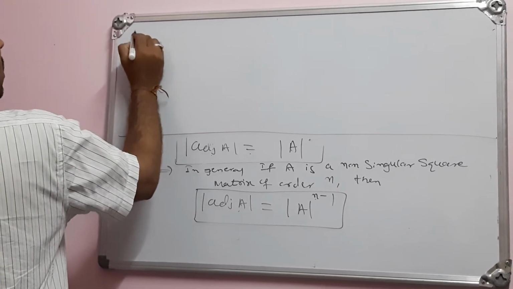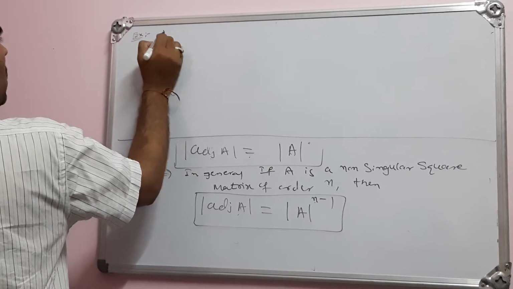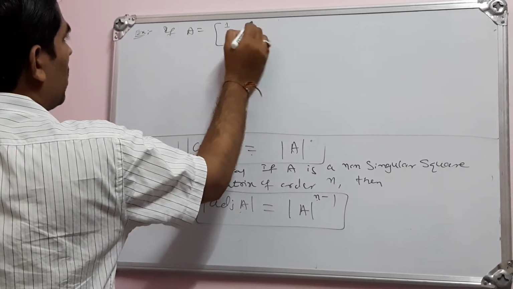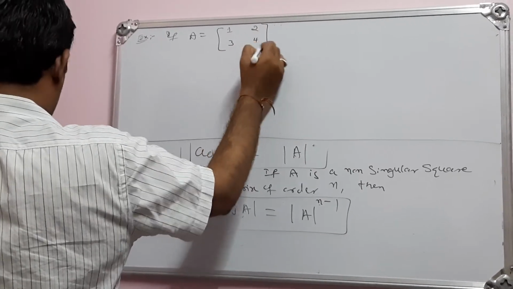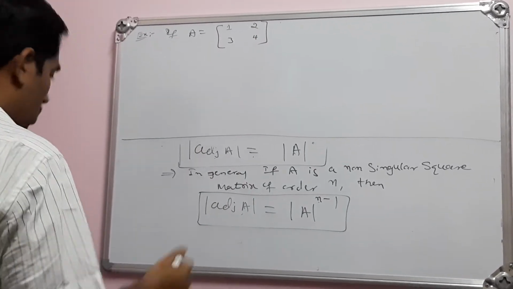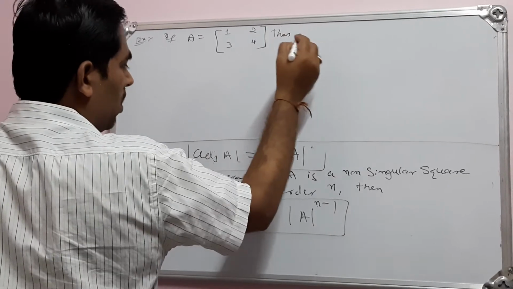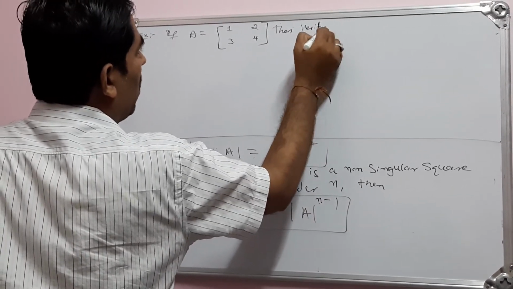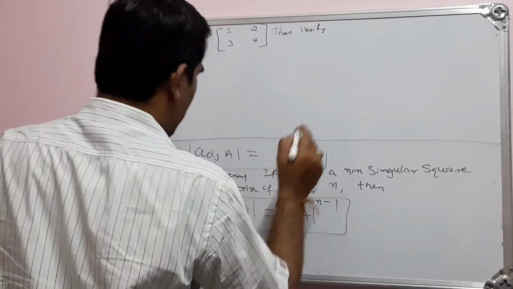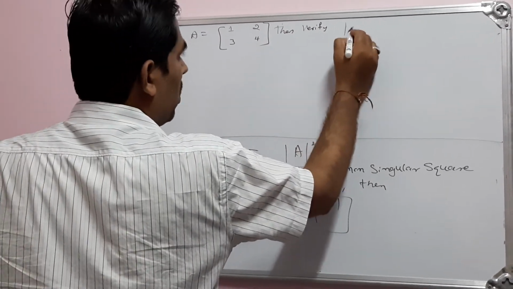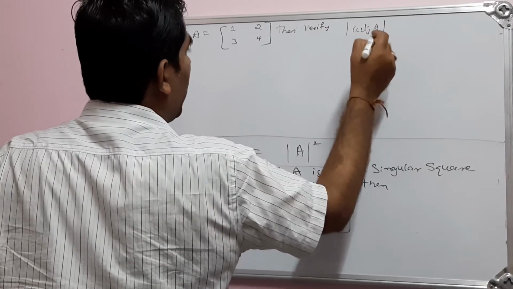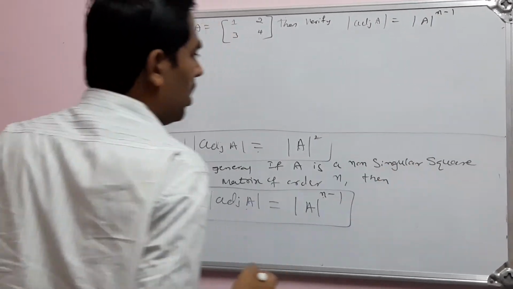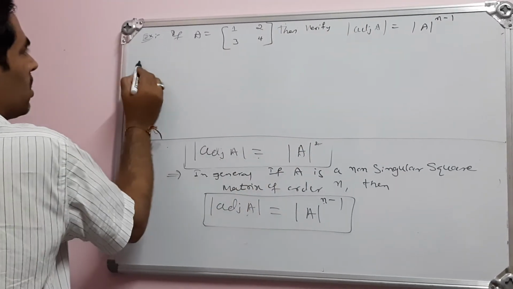If A is equal to, I will consider one matrix here, 1, 2, 3, 4. Then verify this property: determinant of adjoint A is equal to determinant of A whole to the power of n minus 1. So let us verify this.